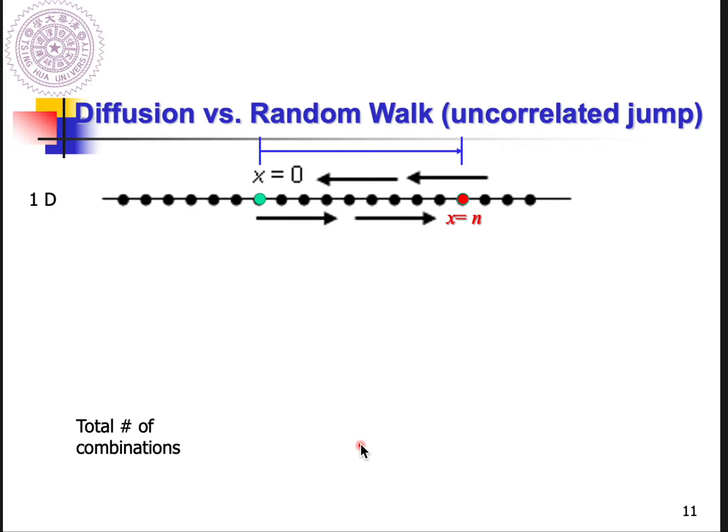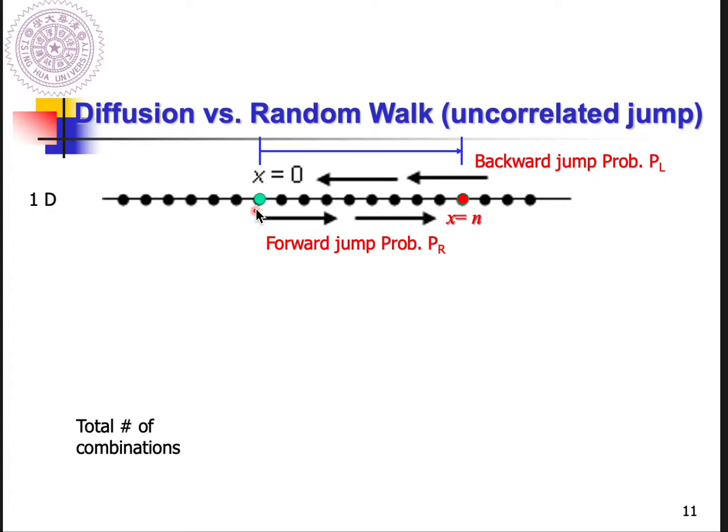The method introduced in our textbook is to use a one-dimensional case to derive the radial probability. So we also assume this is a random walk, and we have a row of atoms here, and this is our start point, x equals 0.